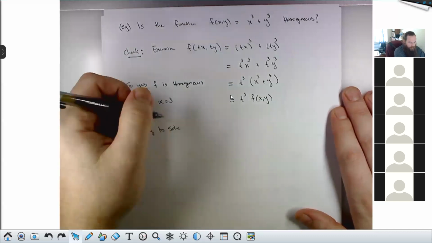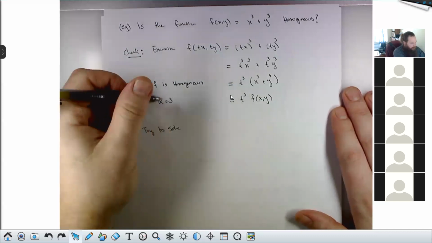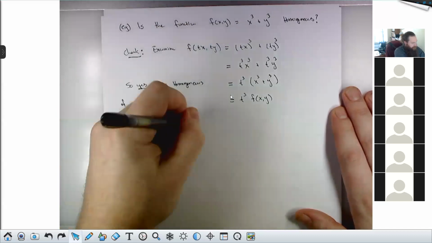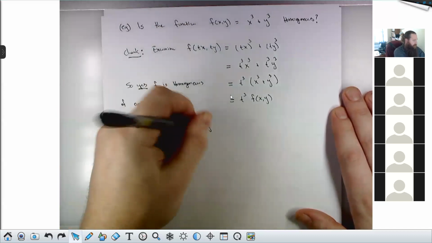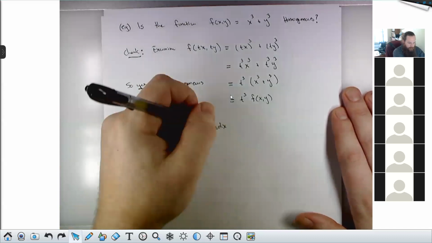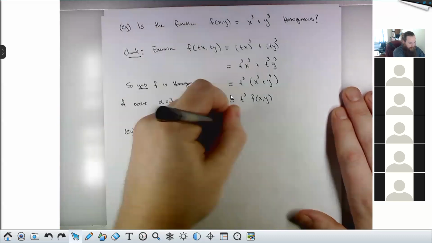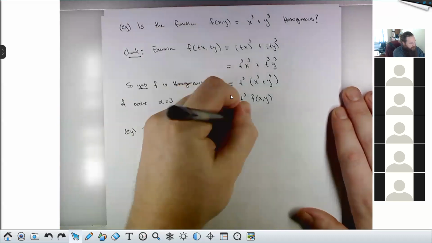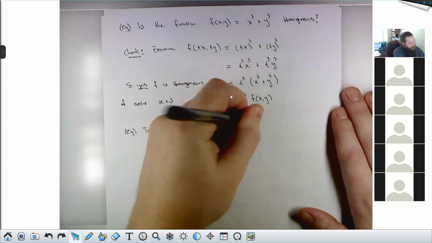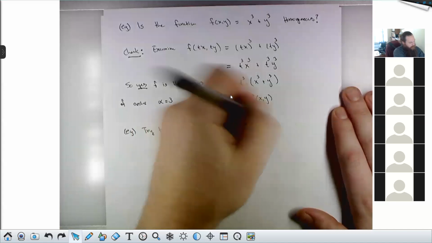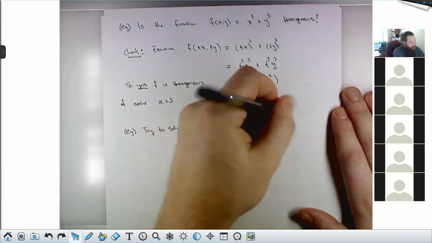The equation (x squared plus y squared) dx plus (x squared minus xy) dy equals 0.